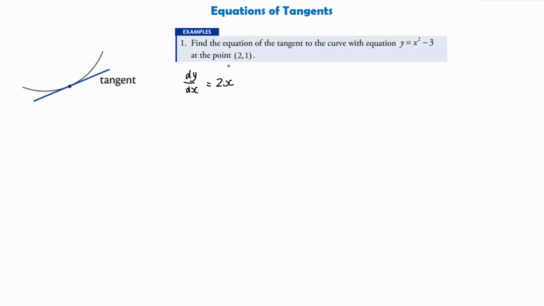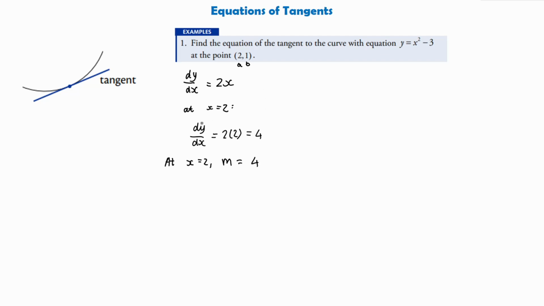Well, it's going to be 2 because we have the point (2, 1), which we call the coordinates (a, b), and our a is the x coordinate, which is simply 2. So we would say at x equals 2, the derivative dy by dx is going to equal 2 times 2, which is just 4. So at x equals 2, the gradient of the tangent is going to be 4.